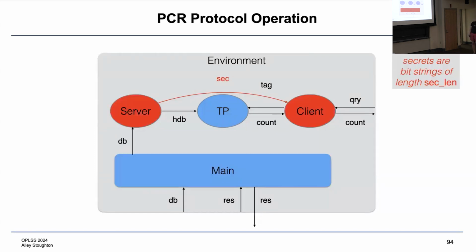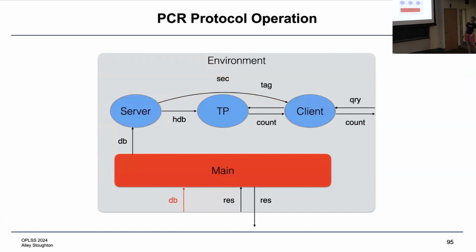It first invites the server to generate a secret, a bit string of length siglen, and share it with the client. We're assuming that these protocol parties have a way of communicating that the adversary, the attacker, won't be able to see. Server generates a secret, a bit string of length siglen, and shares it with the client. The third party, crucially, doesn't know it.